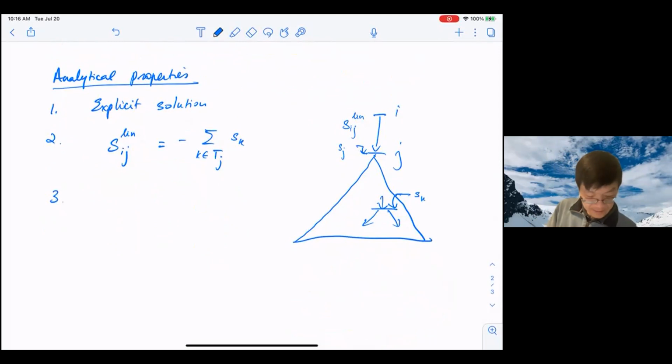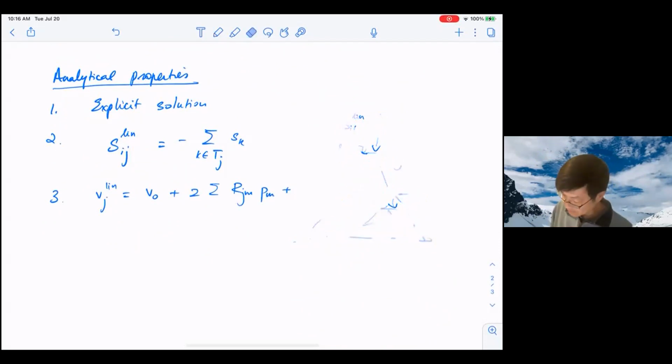Third is that the voltage also has a nice relationship. You can propagate all the way back to the root, and it is 2 times the sum of R_jm P_m plus X_jm Q_m.